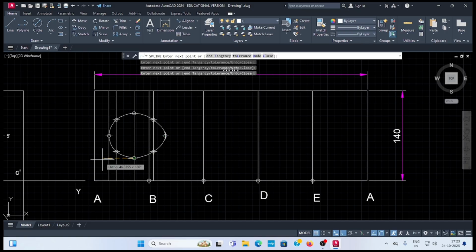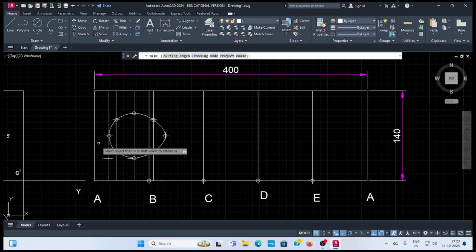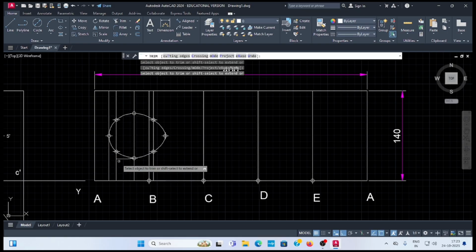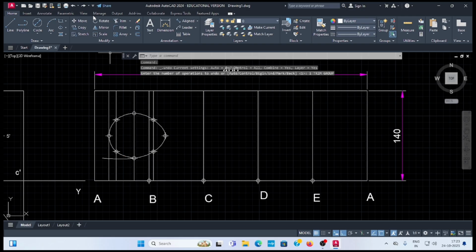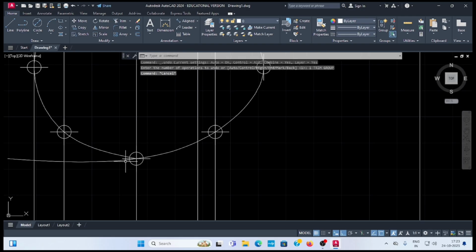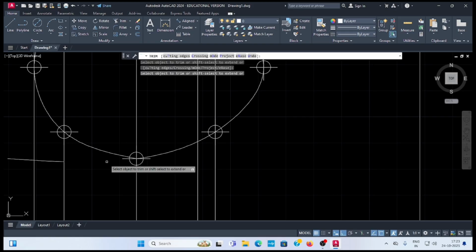And somewhere put length and enter. Trim the unwanted lines. It is not connected. Okay.